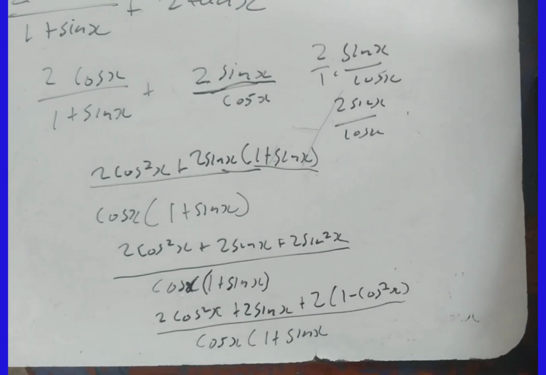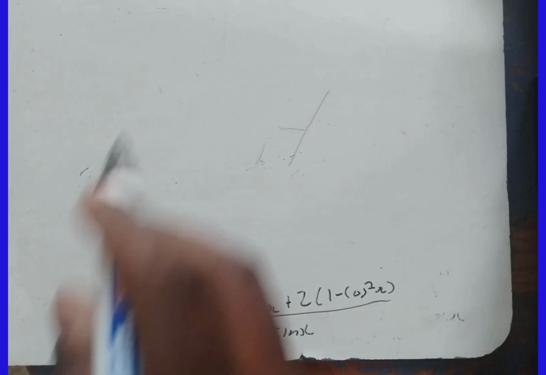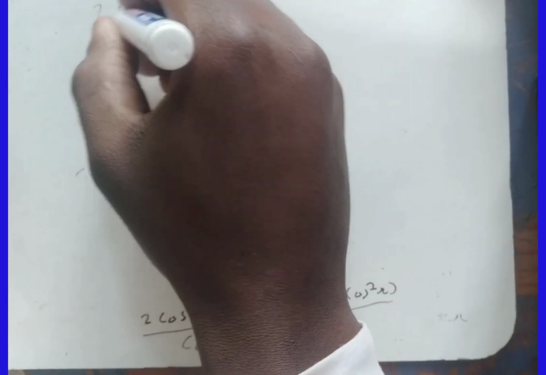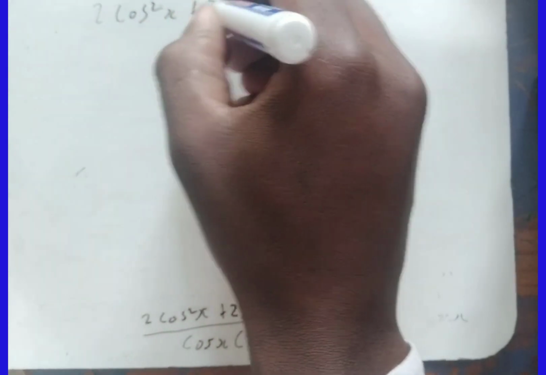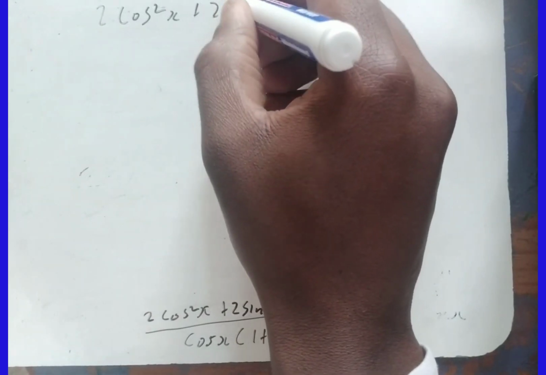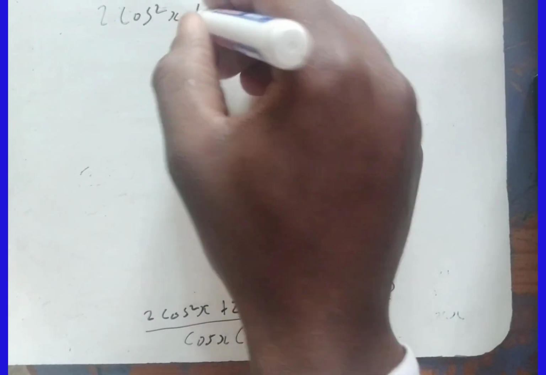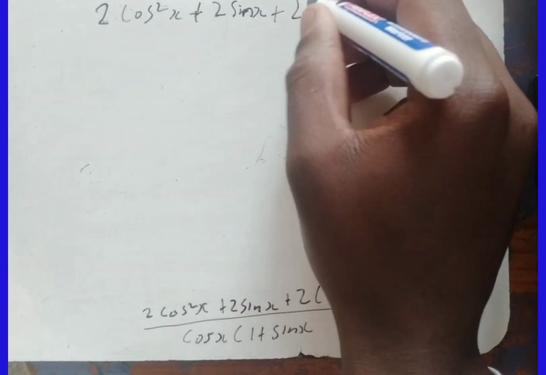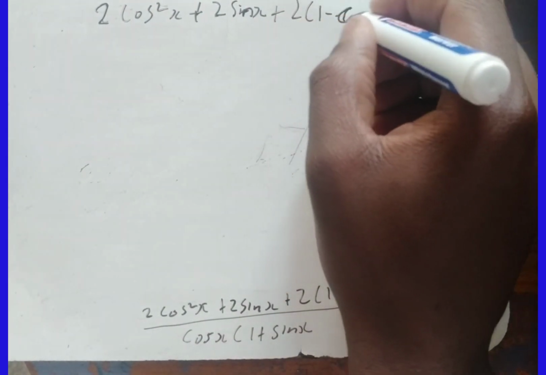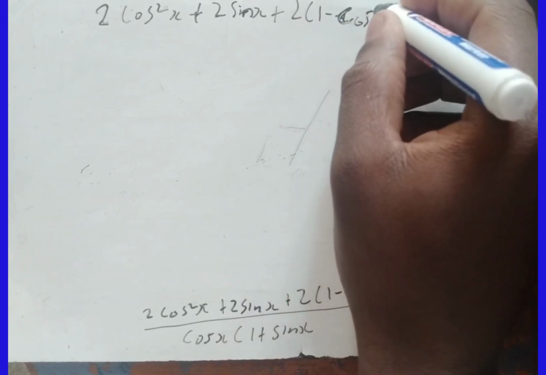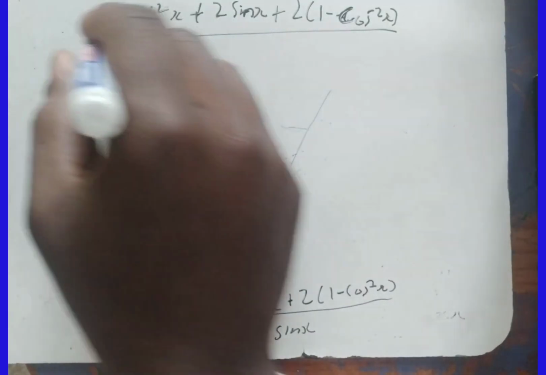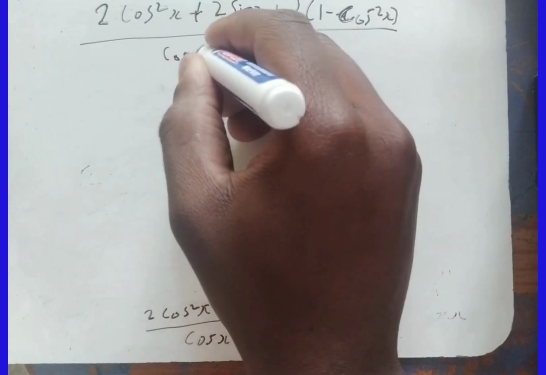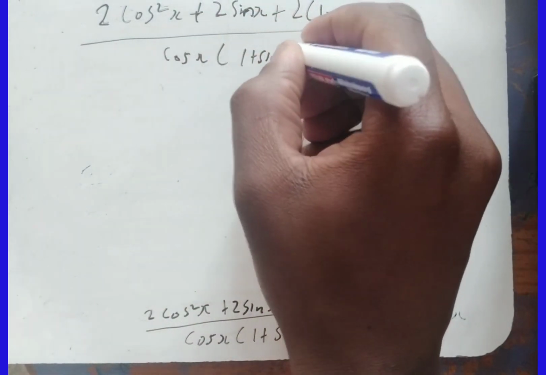So from here now we can distribute. I'm just going to continue up there. So this was 2 cos squared x plus 2 sine x. I'm just going to rewrite exactly the same thing to avoid confusion. So this is cos x times 1 plus sine x.